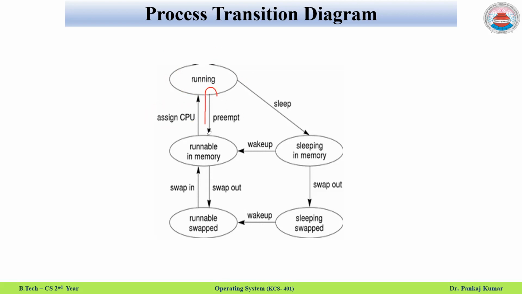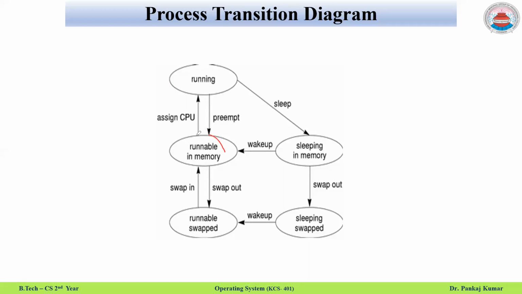If some process preempts the CPU, it becomes runnable in memory. It is in waiting state and stored in memory, but the condition is that it is runnable. If the CPU is again assigned to it, it becomes running.